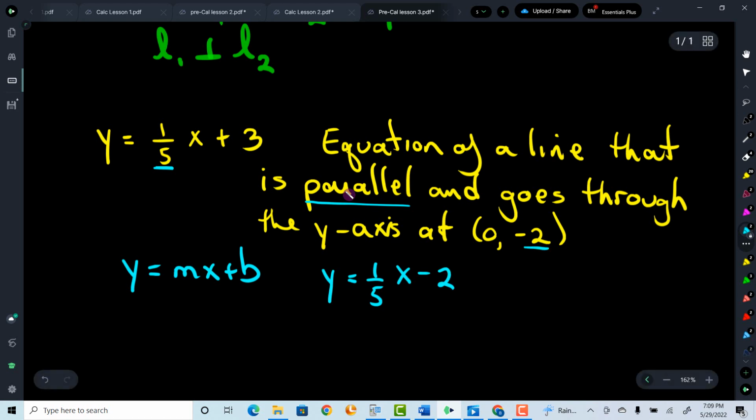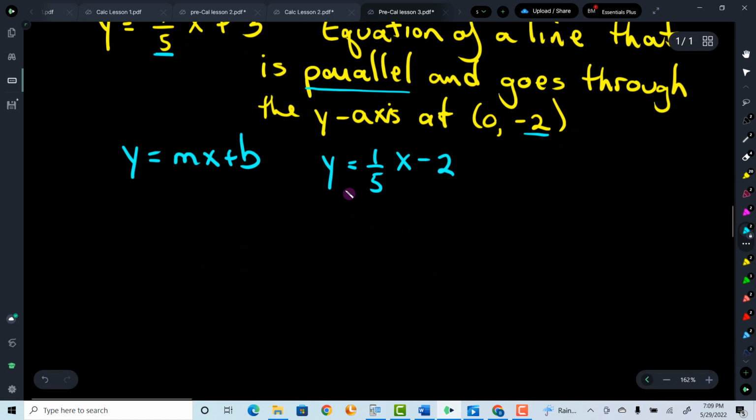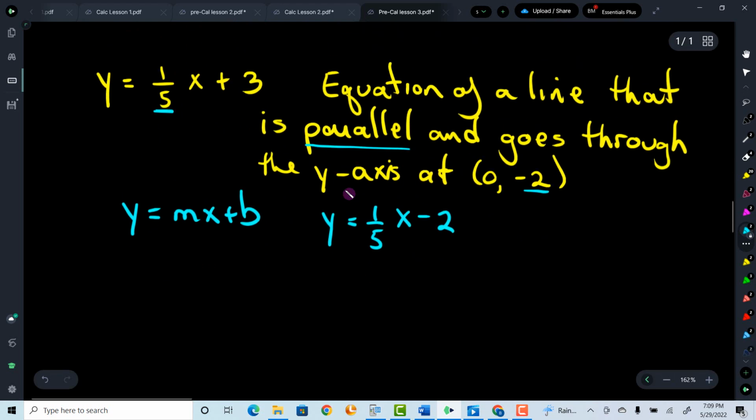So 1/5 x minus 2. Okay? Now give me the equation of a line that's perpendicular to this line and goes through that point. Well, that would be y equals -5x minus 2. That one's going to be perpendicular. This one will be parallel.